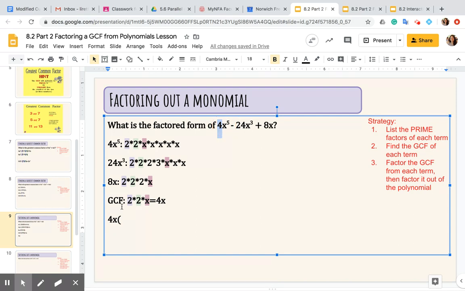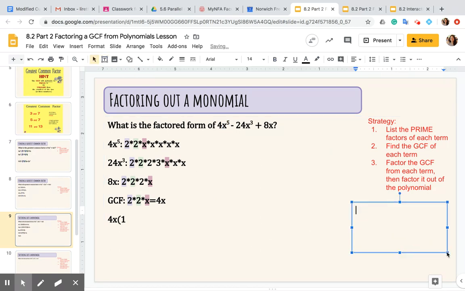If I divide the coefficient 4 by 4, I'm left with 1. Here's where it starts to get a little more complicated, because you're probably not used to dividing variables by variables. Think properties of exponents.